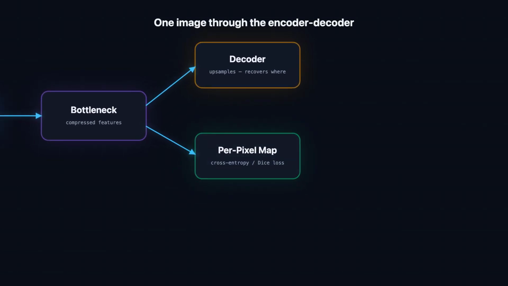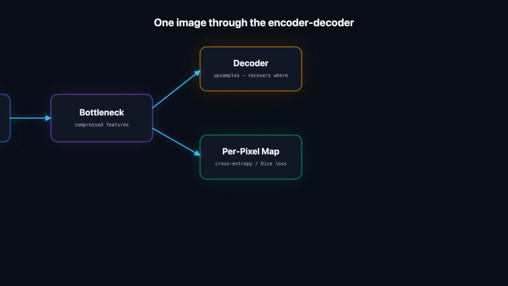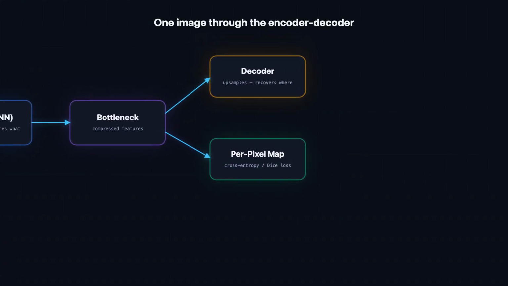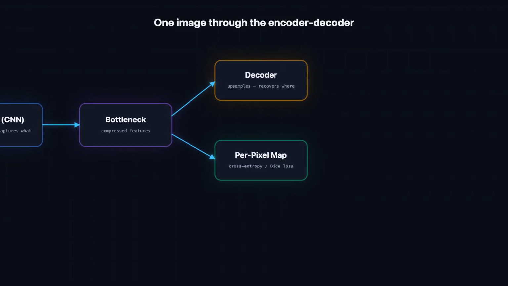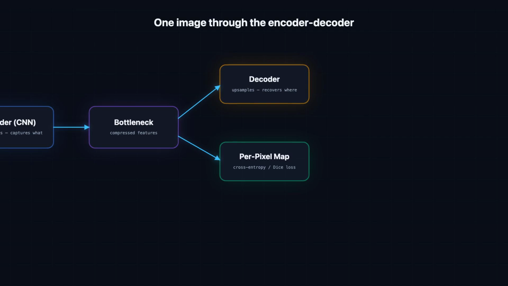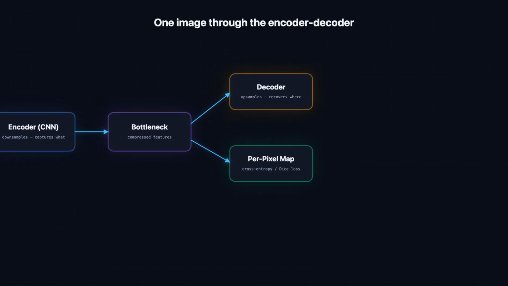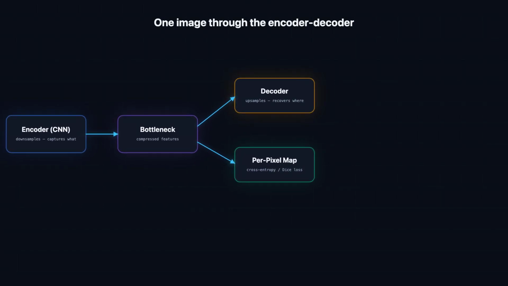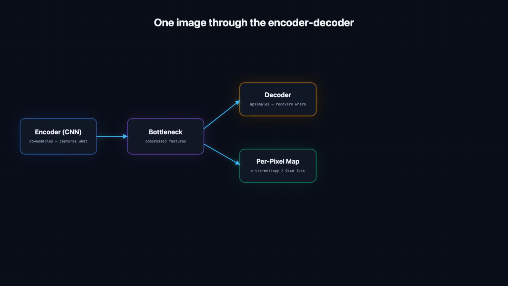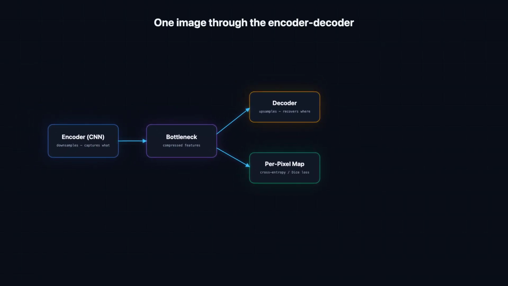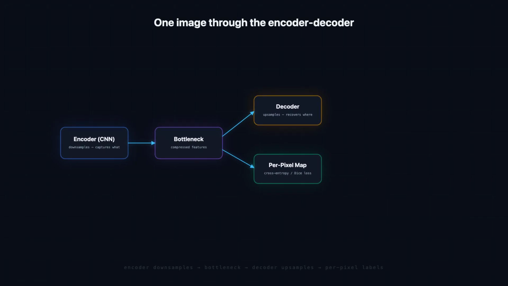Every location gets its own label, trained with a cross-entropy or dice loss against the ground truth mask. The result is that dense painting of the scene where road, car, and person each own their exact pixels. That's why segmentation shows up wherever precise boundaries matter, from a self-driving car separating drivable road from sidewalk, to a scan separating tumor from healthy tissue.